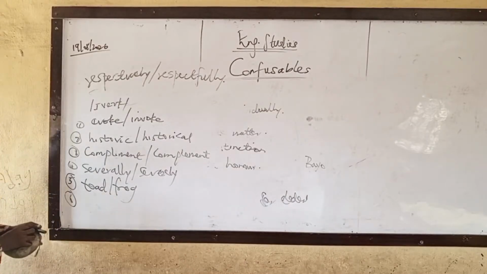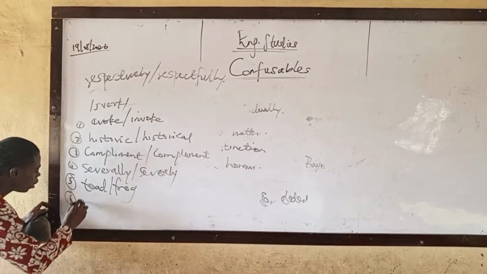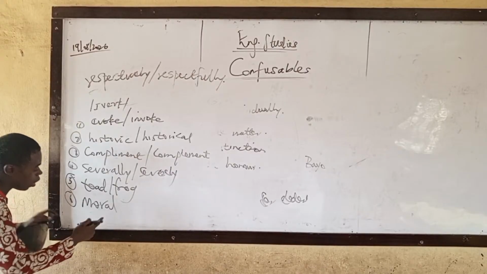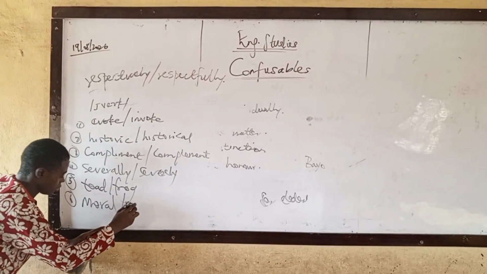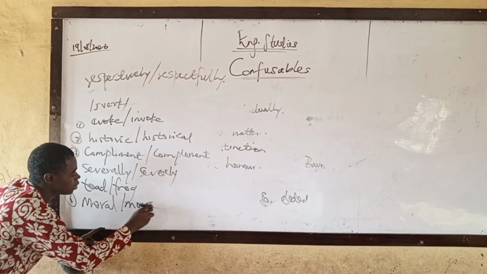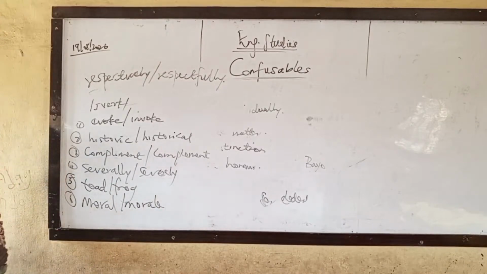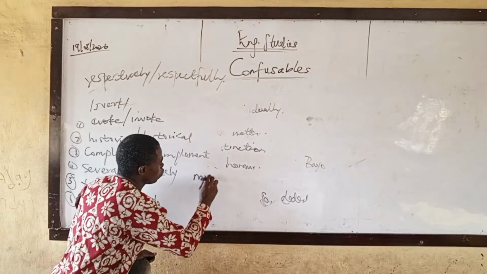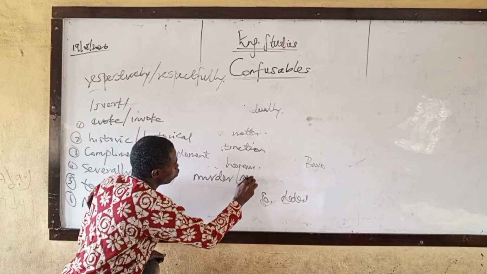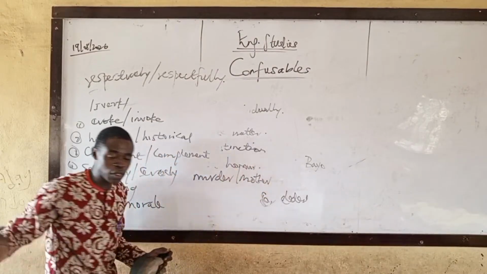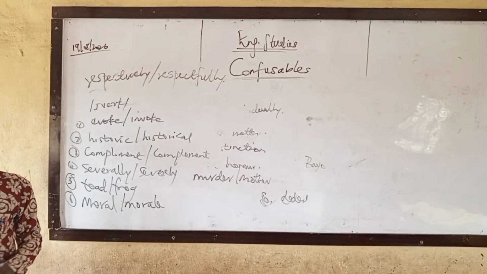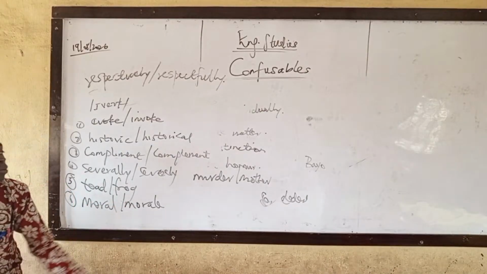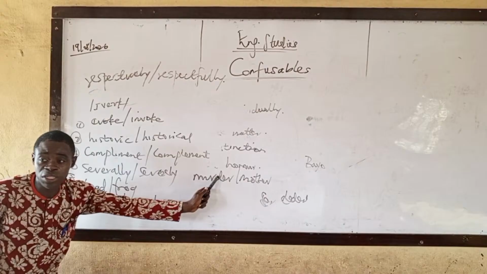Next again, I have moral and mortal. What about murder and mother? Murder means to kill.